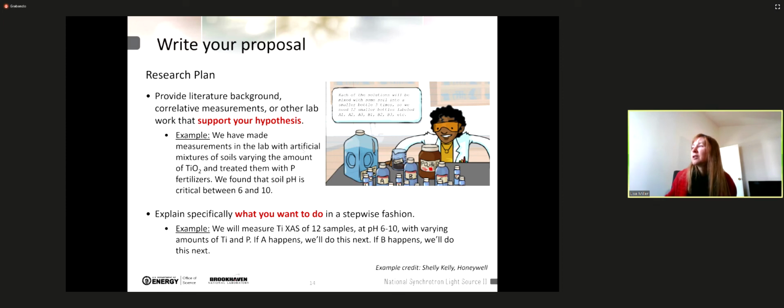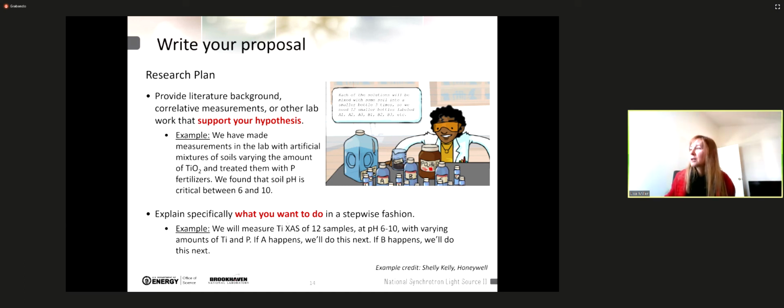So we've made measurements in the lab with artificial mixtures of soils, added varying amounts of titanium dioxide, and treated them with phosphorus fertilizers. And we found that the soil pH is critical between 6 and 10. So these are all experiments that have already been done in the lab to narrow down the experimental range of samples that you want to look at.